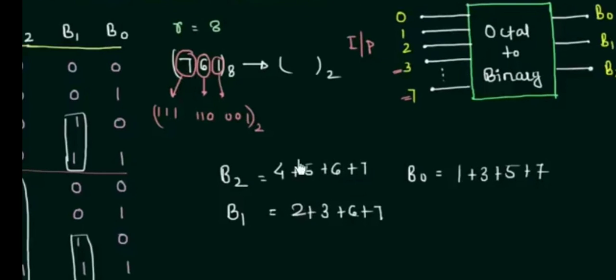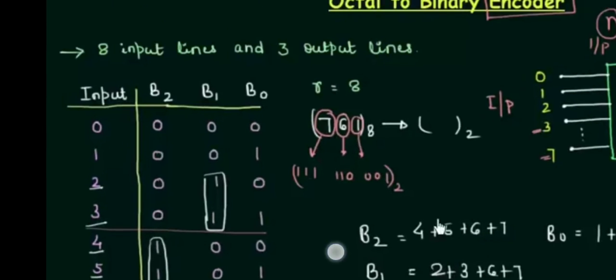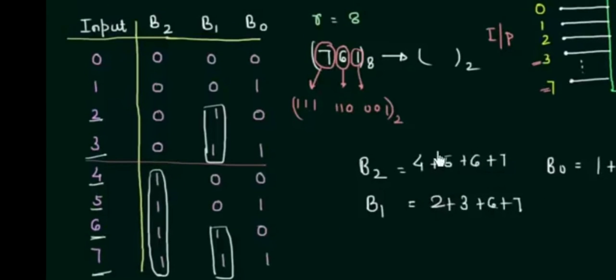How will you write the equation for this? Look at the B2 column. The B2 column has four 0s and four 1s, which means that if you want the output B2 to be 1, the input lines 4, 5, 6, 7 should be activated high.